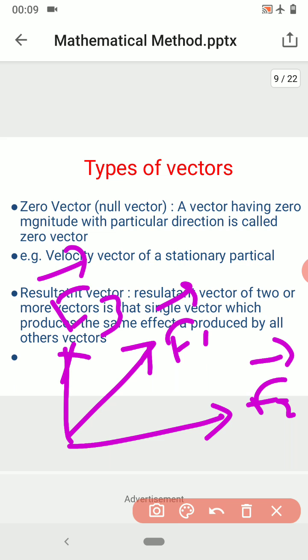Now that means you have to show the vector which has the components of F1, F2 and F3.